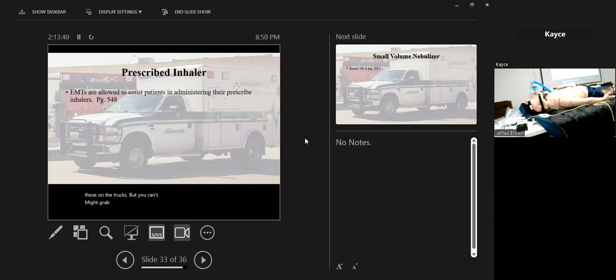So you can assist them with it. You're going to talk them through these steps. First, is it an online order that you have to call in and get permission for, or is it something that can be a standing order?